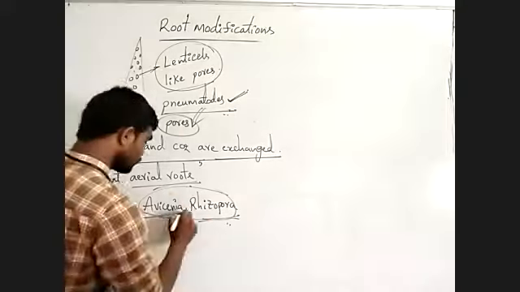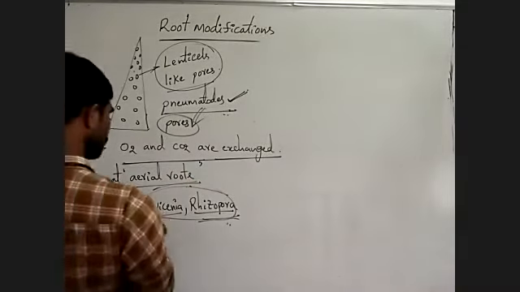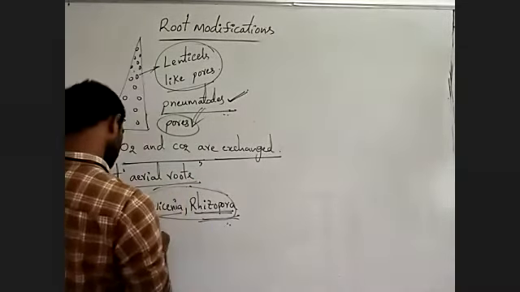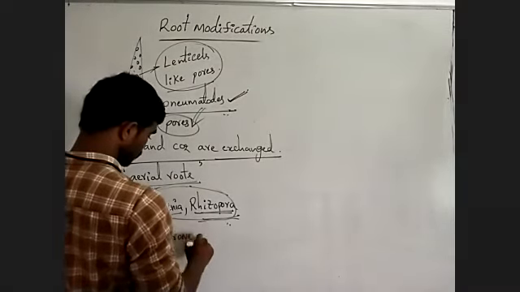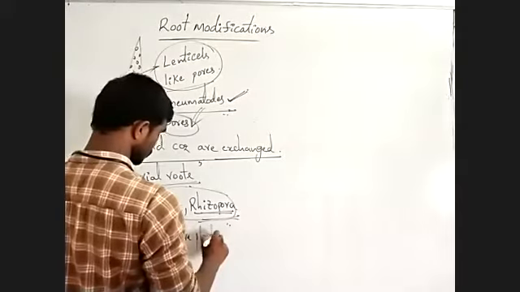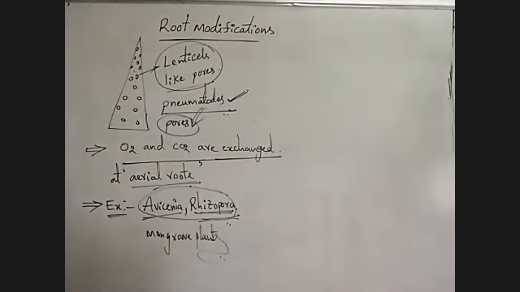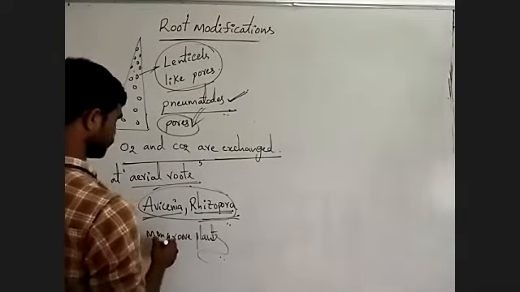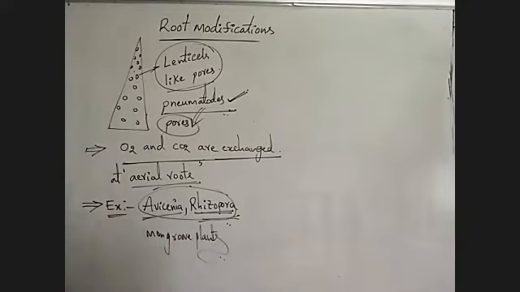Next examples, Avicennia and Rhizophora. These two are mangrove plants.